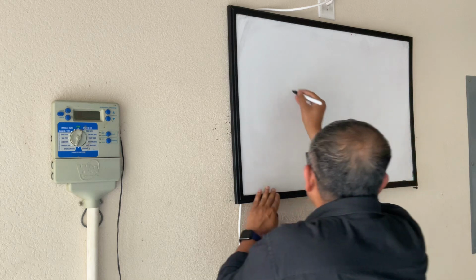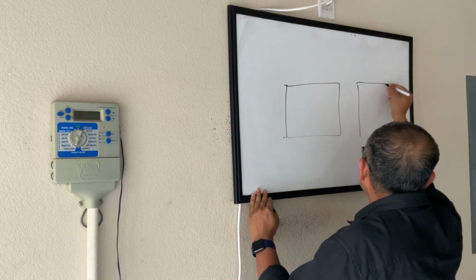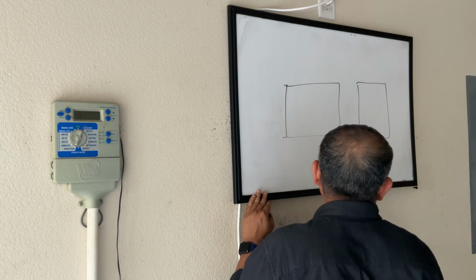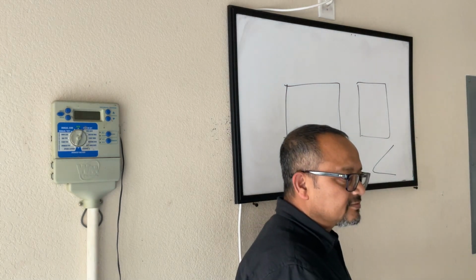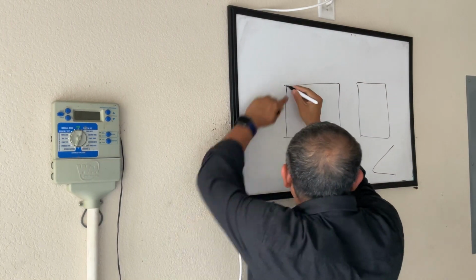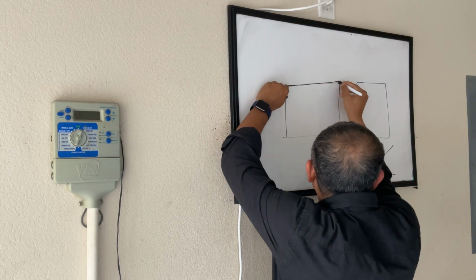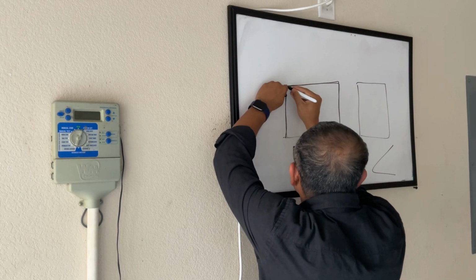So basically, if I'm talking about a rectangle or a square or a circle or an angle, perimeter means the length of the boundary, meaning from here I will start, walk along the boundary, and measure the distance till I go back to the starting point.